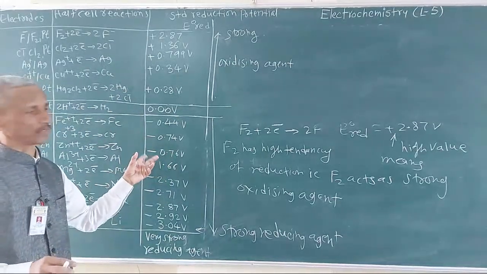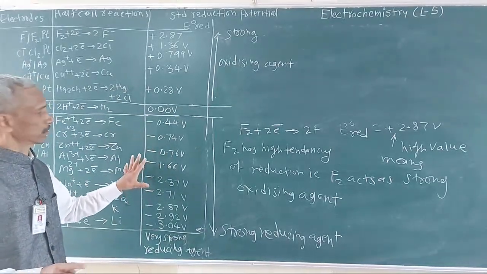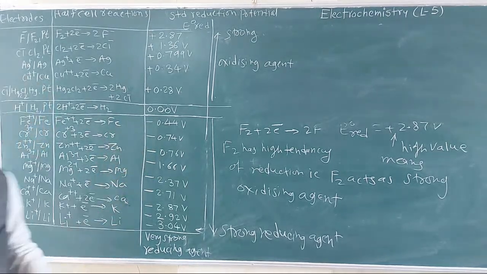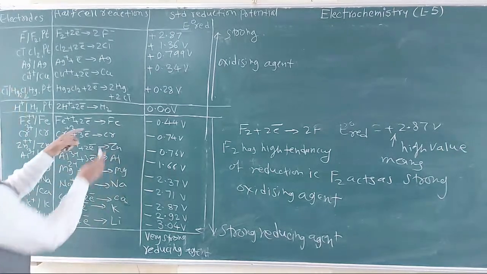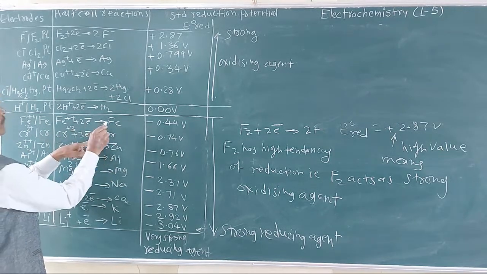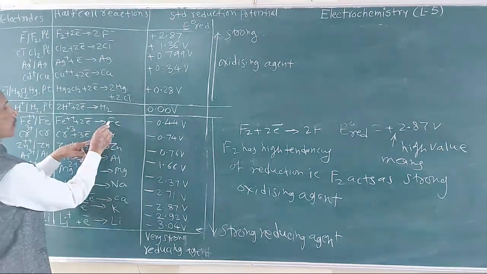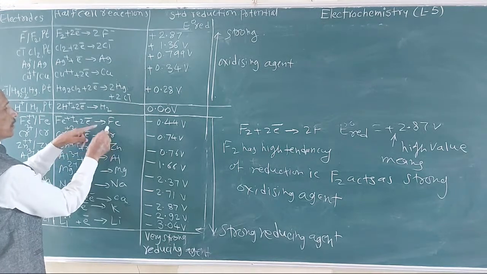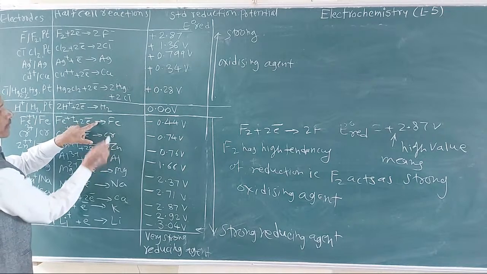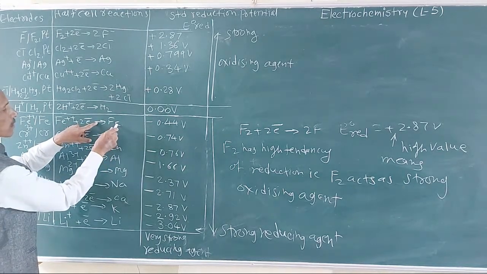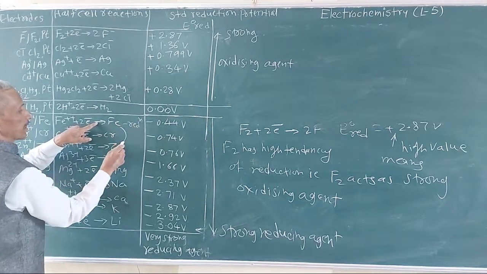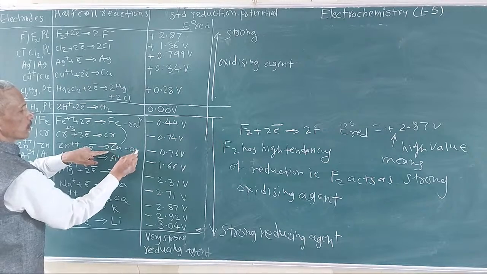Compared to hydrogen, whichever element is attached can act as either an oxidizing agent or a reducing agent. For example, if you join this iron electrode with a chromium electrode, then this electrode reduces and this oxidizes. If this iron electrode is joined with a zinc electrode, then the iron electrode undergoes reduction in this pair, and zinc undergoes oxidation.